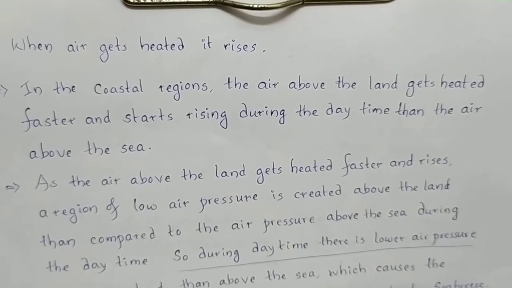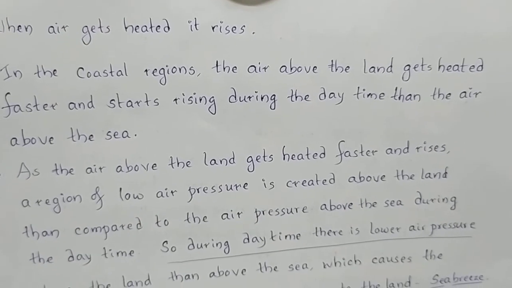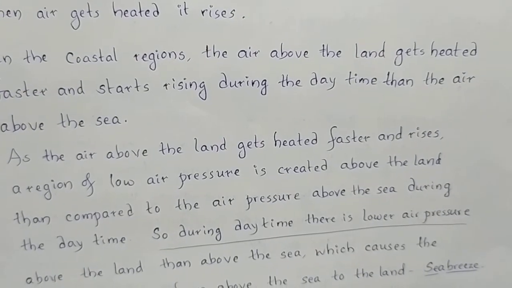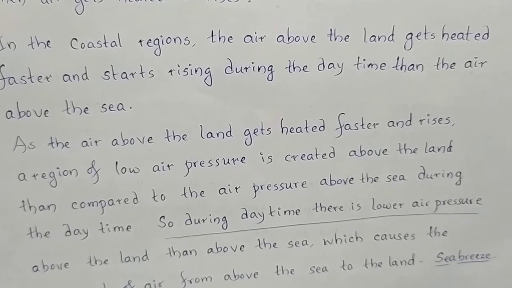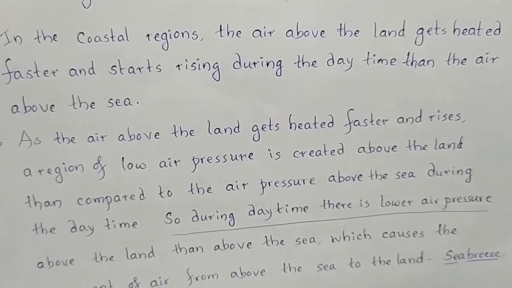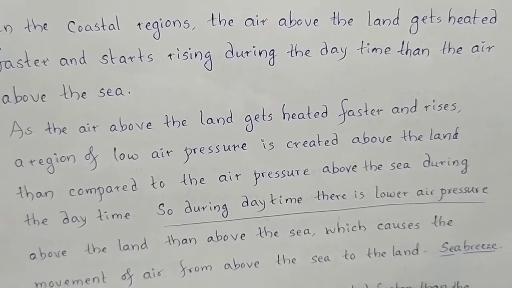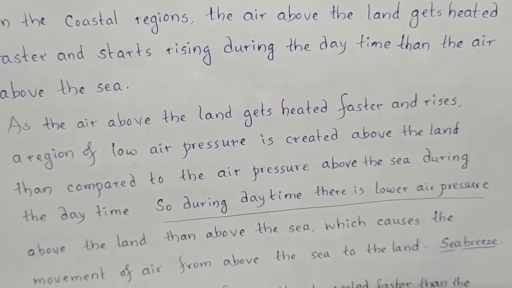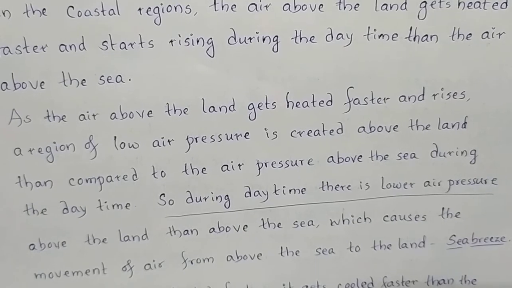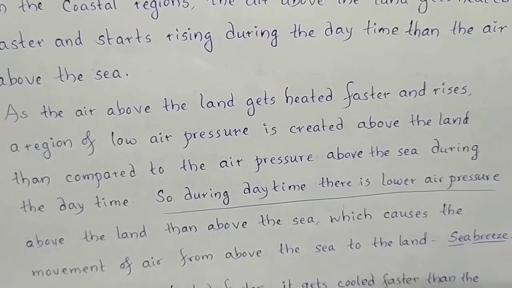As the air above the land gets heated faster and rises faster or rises high, a region of low air pressure is created above the land compared to the air pressure above the sea.